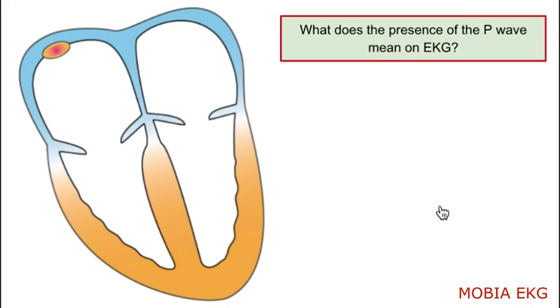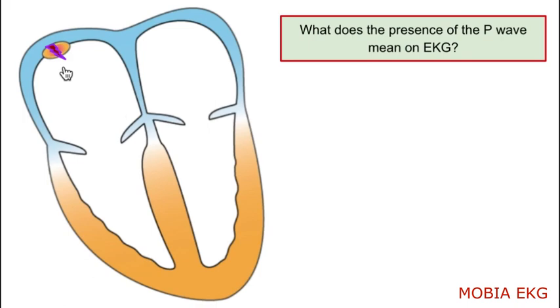In other words, what are the requirements for generation of the P wave on the EKG strip? The presence of the P wave requires two important events. The first requirement is an electrical signal inside the atrial tissue from any source.